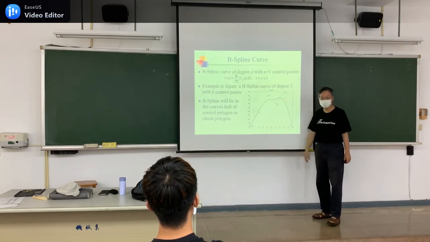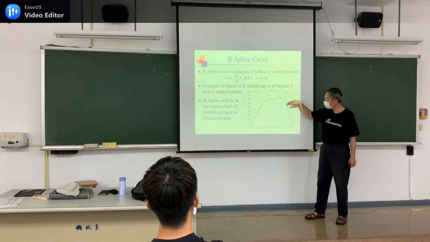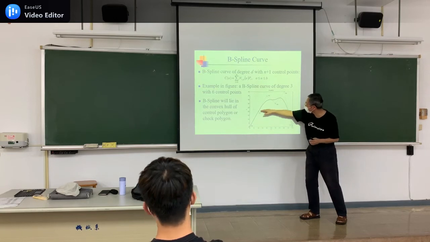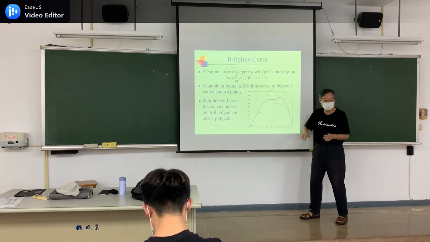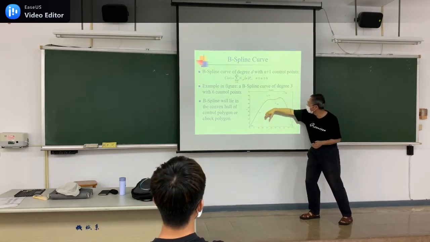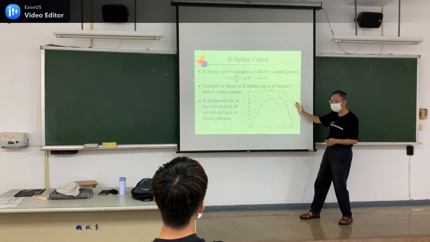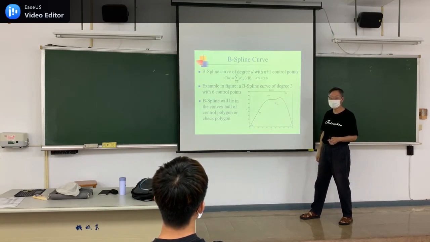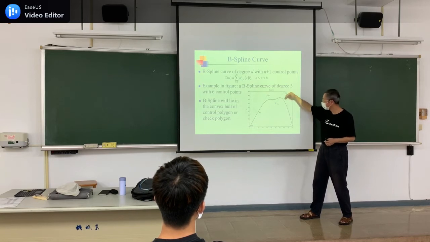In other words, if you want to generalize, these are the control points. So the resulting curve will try to follow the control points. As you can see, your control points are like this, so that means you want to have a smooth path like this.